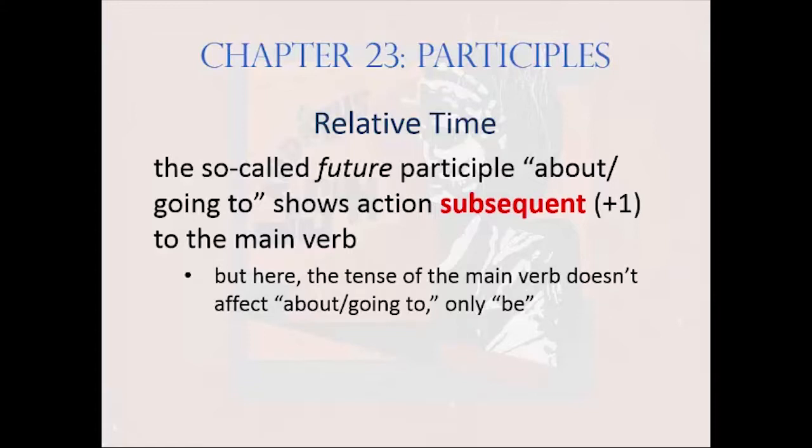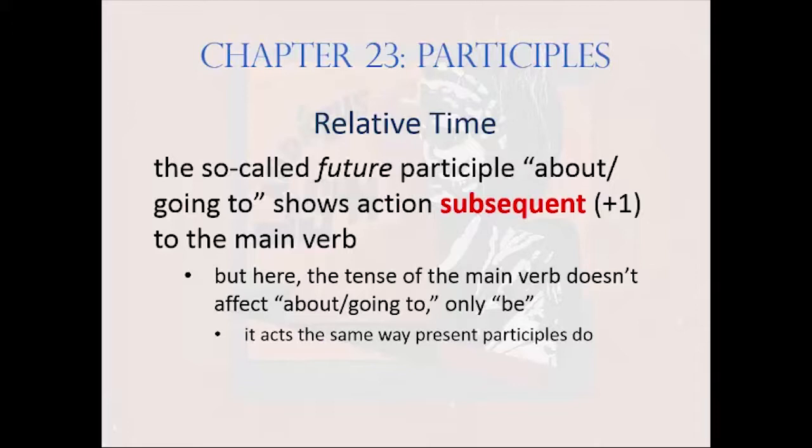With future participles, the tense of the main verb doesn't matter, since in the periphrastic construction is going to, the form is changed, not the future participle, which will always stay going to as long as you translate it that way, which you can. So make your life easy and do that.